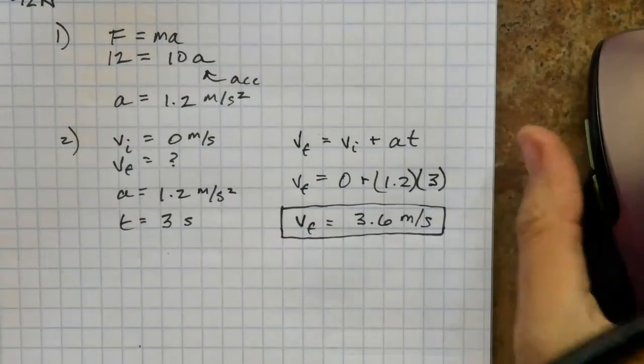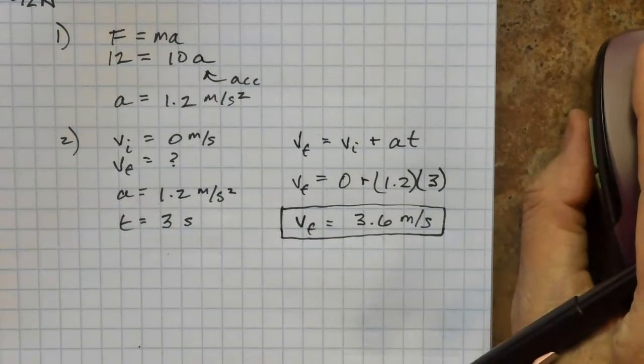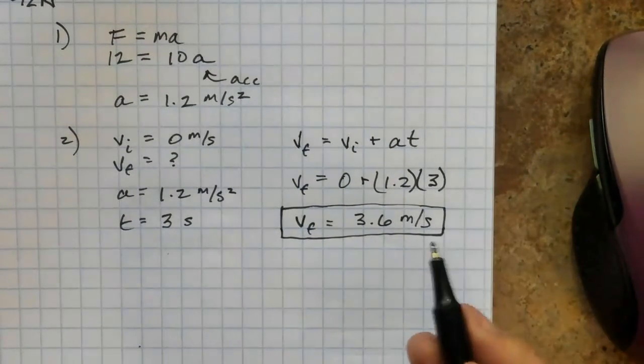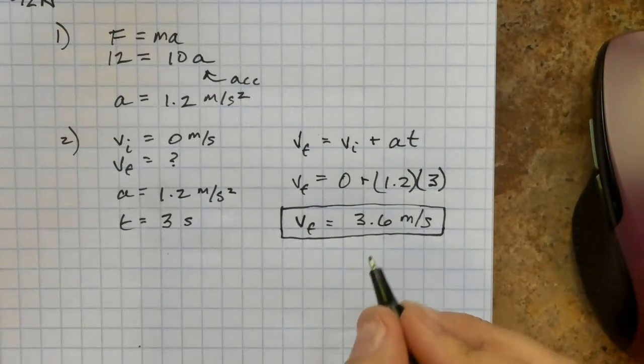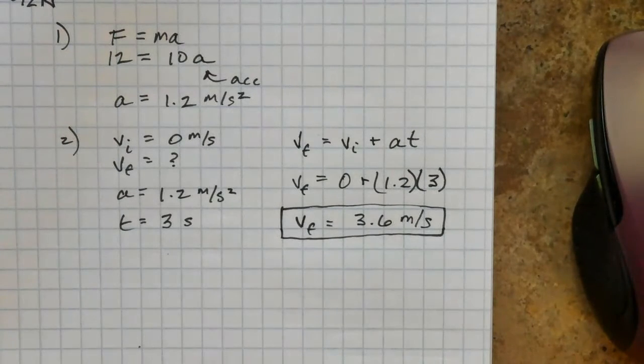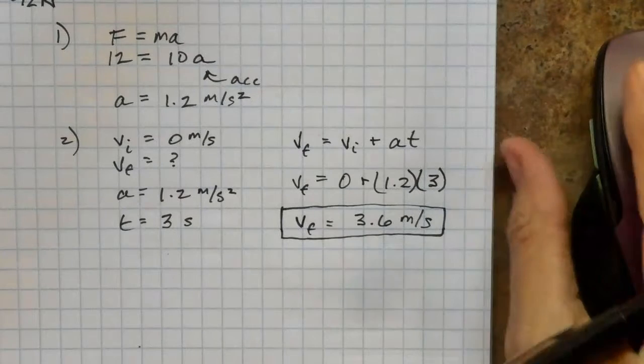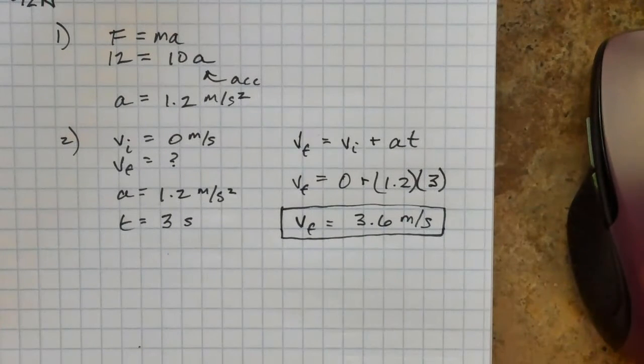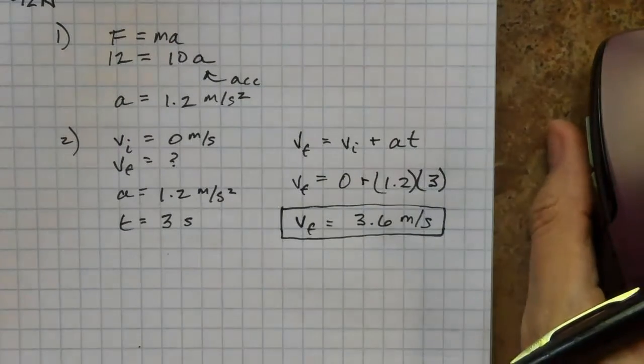That'll be the velocity of the cart after 3 seconds. When you're pushing a cart in the grocery store, while you're applying the force, the cart's accelerating. To keep the cart going, you would not be applying a net force. So the force that you would be pushing the cart with would just be enough to compensate for friction.